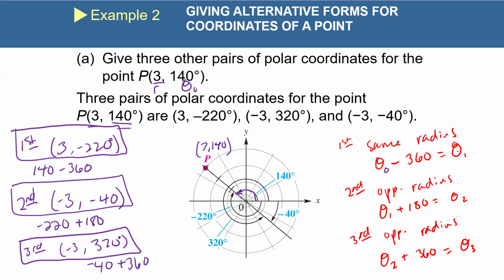Okay, so then we come down to all three of our polar coordinates. When you're giving navigational directions, it's important when they're saying, I'm going 3, negative 220.